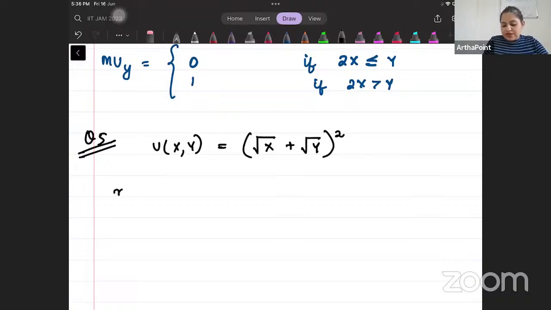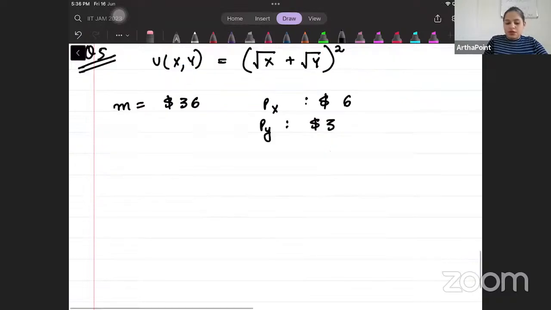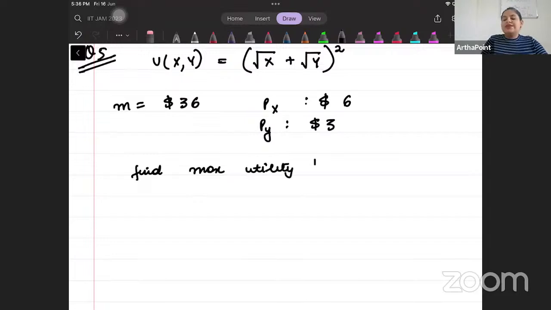The income is given as 36, the price of x is given as 6, and the price of y is given as 3. The question is to find the maximum utility bundle. Find that x star, y star which maximizes utility for you.